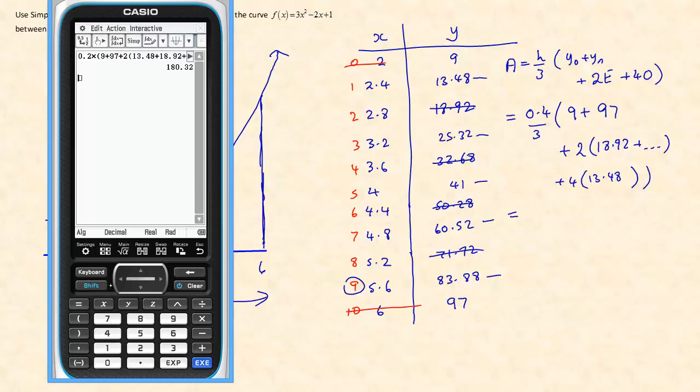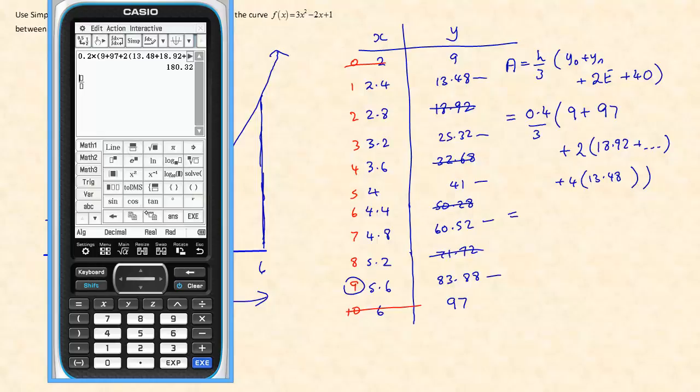So we're going to have 0.4 divided by 3. Then we're going to have the 9 add the 97. Then we're going to have twice those even numbered ordinates. So those are the ones I crossed here.